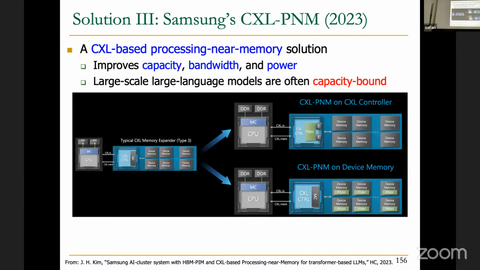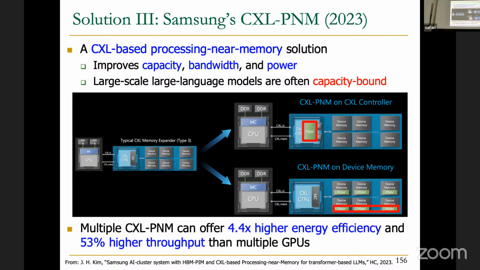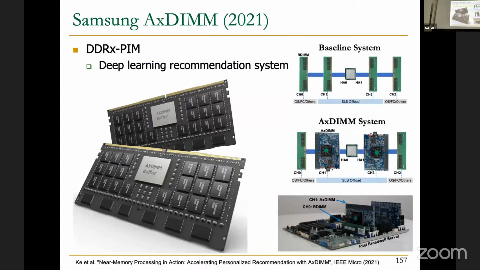So Samsung really proposed two versions or two implementations of that HBM architecture following this CXL memory expander. One is adding PIM units in the controller of this memory expander, and the other one is on the memory device itself. And by doing so, they can offer 4.4 times higher energy efficiency and higher throughput than GPUs.